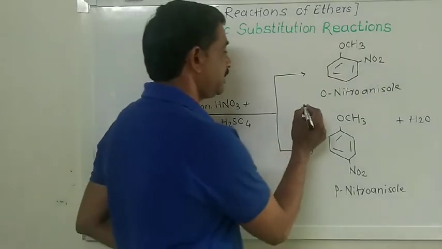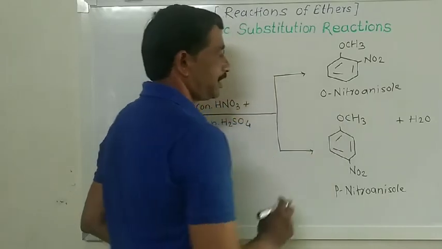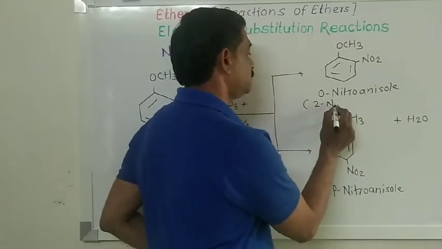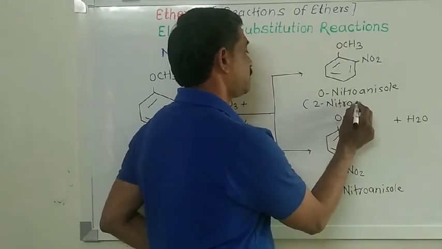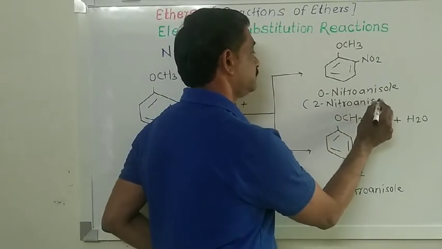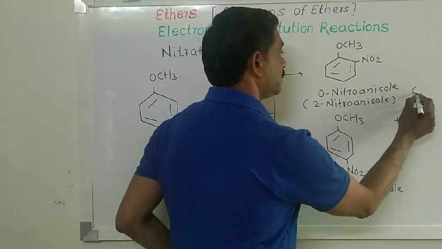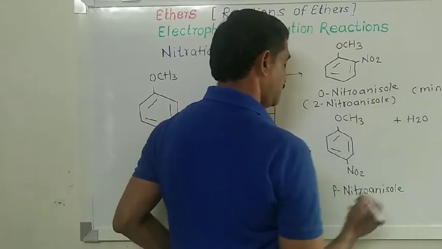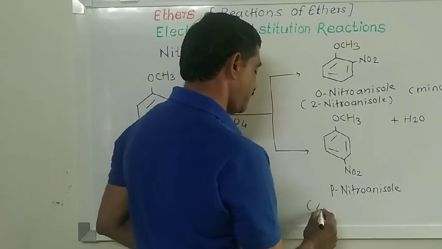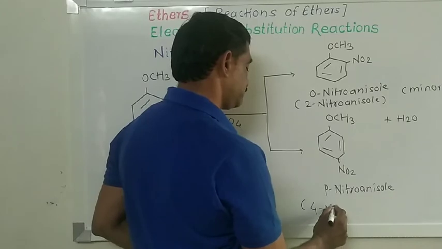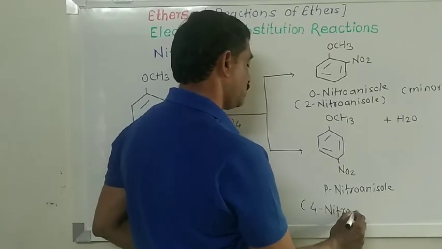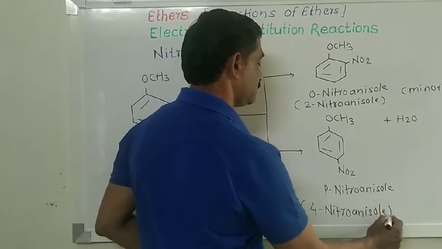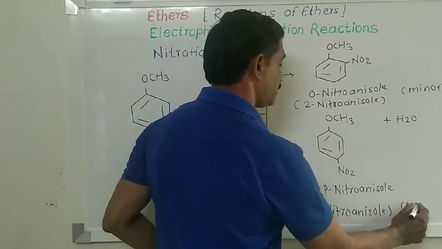Ortho-nitroanisole is named in the IUPAC system as 2-nitroanisole, which is the minor product, and para-nitroanisole is named 4-nitroanisole, which is the major product of the reaction.